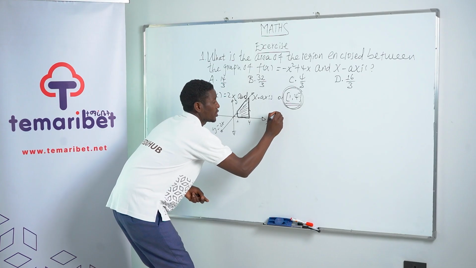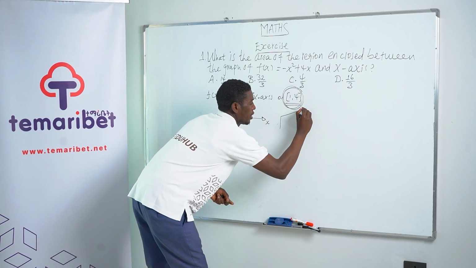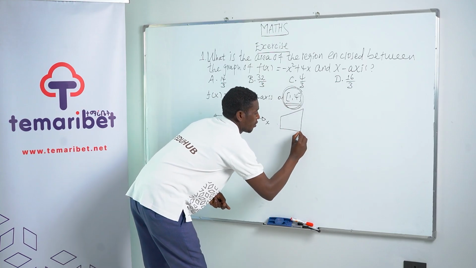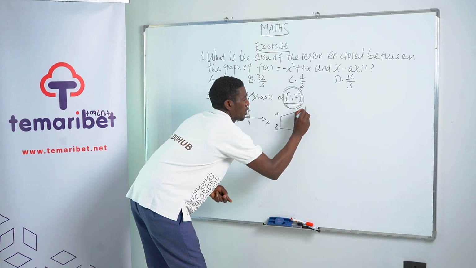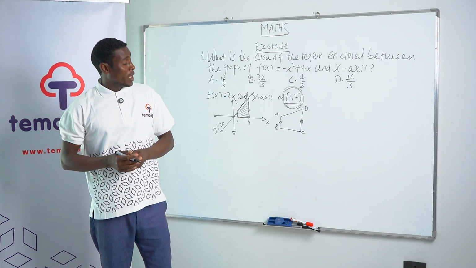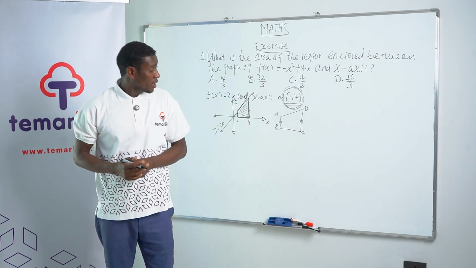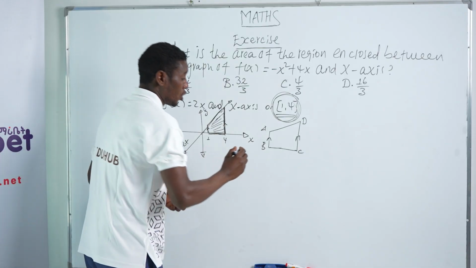So this means trapezium ABCD. If one pair of opposite line segments are parallel, the quadrilateral is a trapezium.